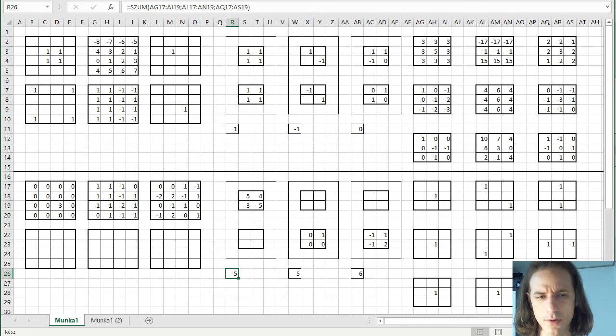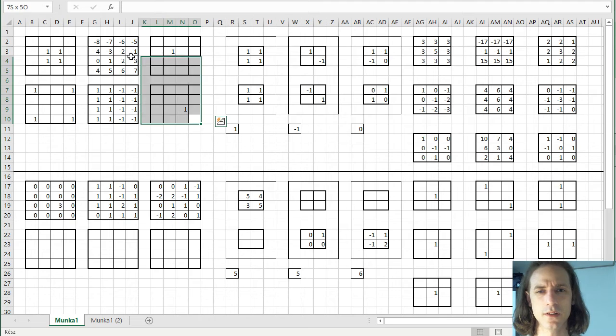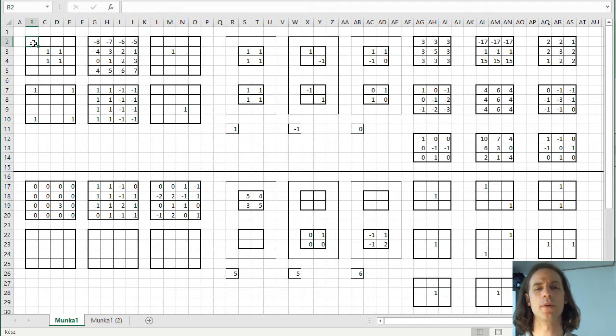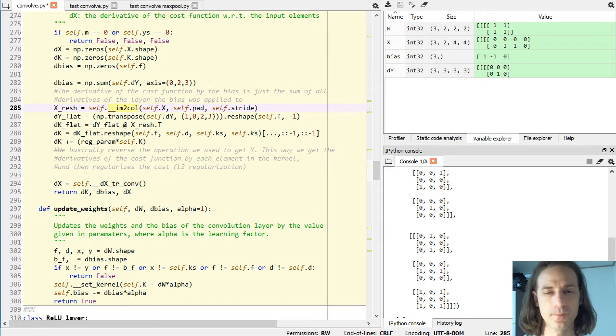But basically reshaped x is making these 4-dimensional tensors into just 2-dimensional matrices, and it flattens out the kernels too, and basically transforms this convolution operation into a simple matrix multiplication.